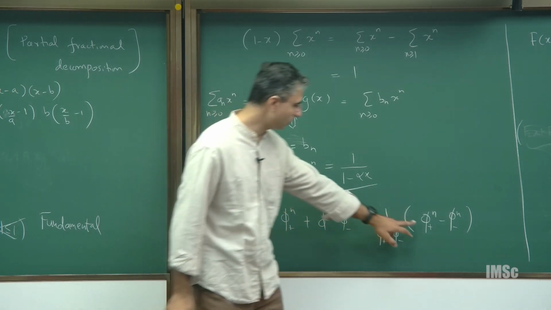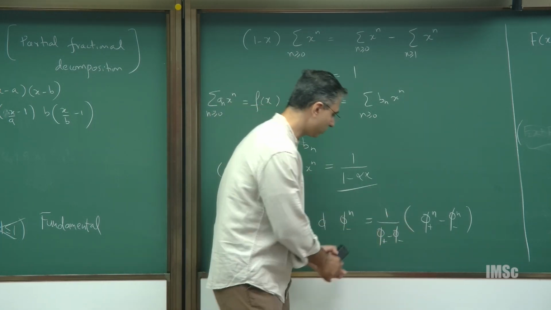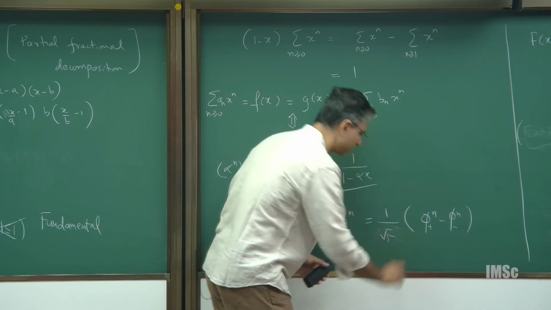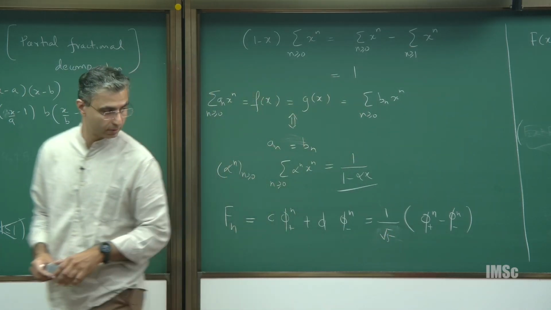So, you see there is the golden ratio. This is 1 upon square root 5. So, this is the formula.